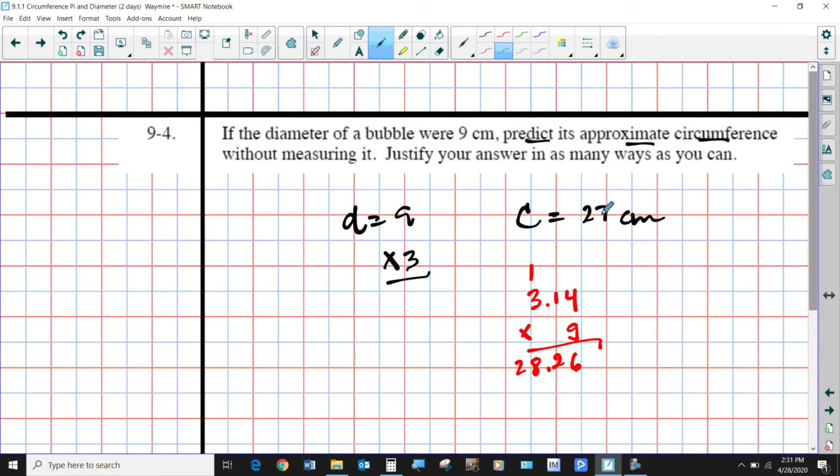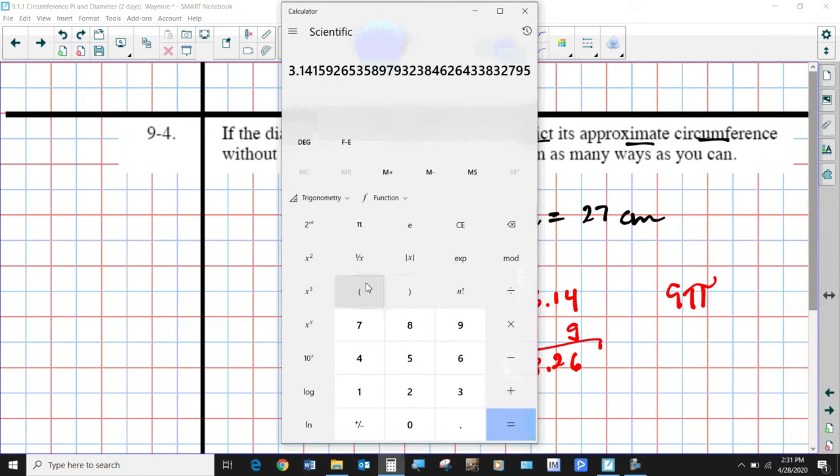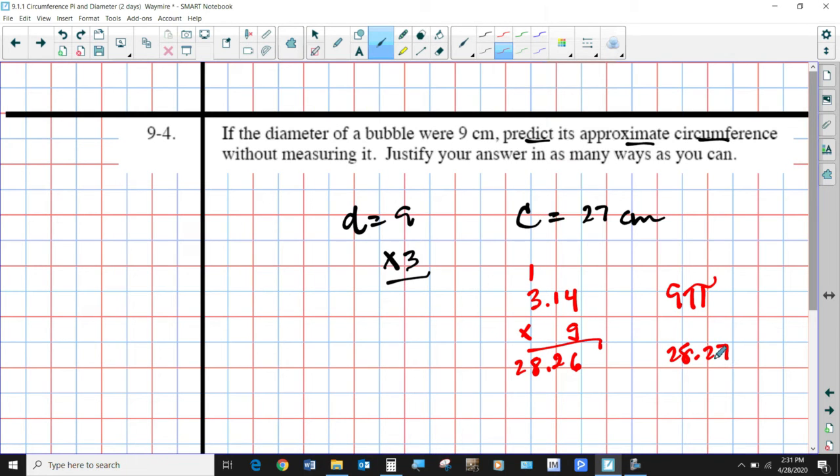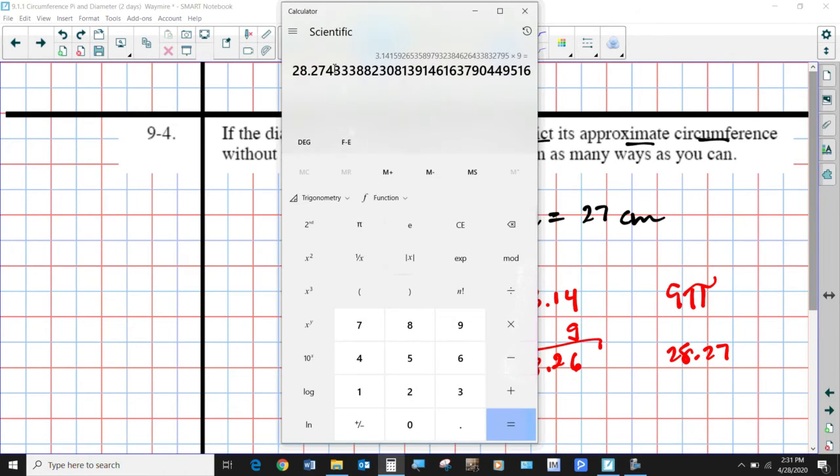So that's significantly higher than 27 because this was rounded down to 3. That's rounded to 3.14. But what if I take 9 times pi and use the calculator to do that? Here's pi, right? Now I'm going to hit times 9, and notice what we get, 28.27. Yep, that would round down to 28.